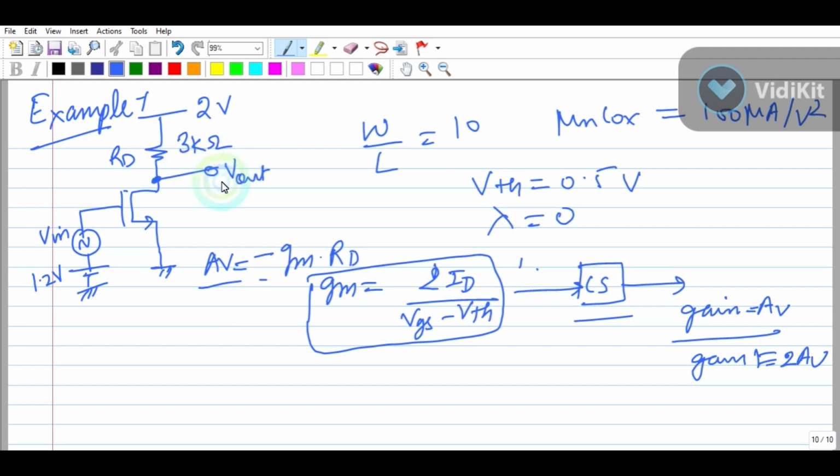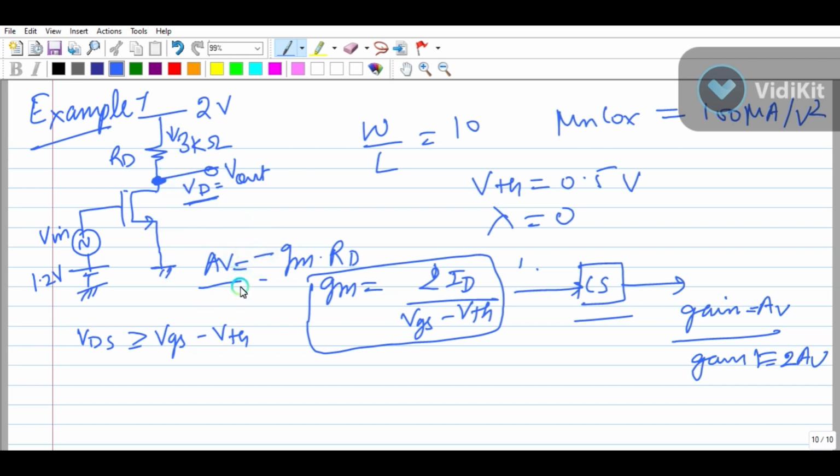We can't tell, right? Because the saturation condition is VDS should be greater than VGS minus VTH. Okay, so VD we don't know. For calculating this VD, you have to calculate this ID.